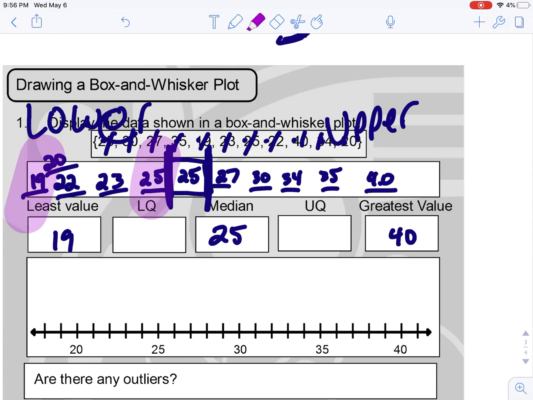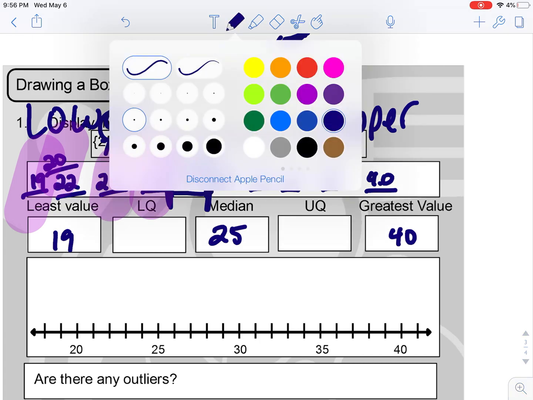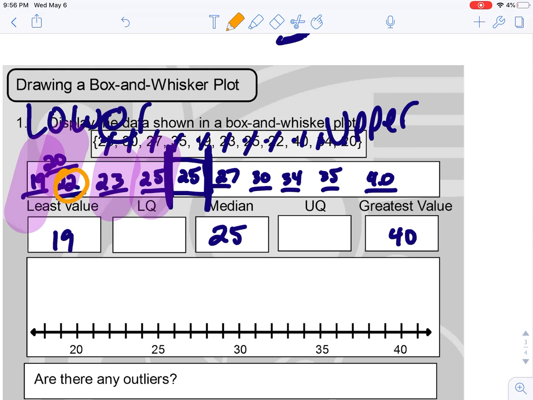Two on this side and two on this side. The middle is 22. Let me do a better job here. There's the middle, 34. That's all you have to do.